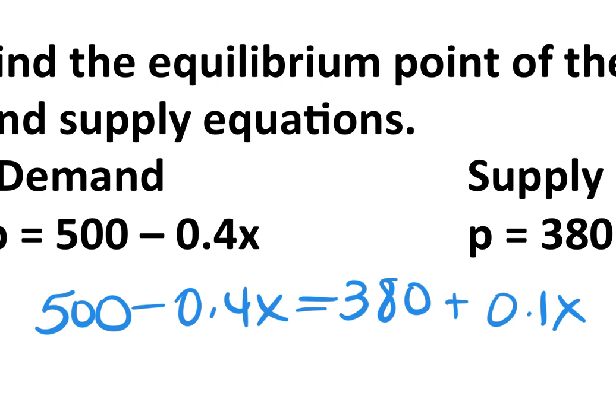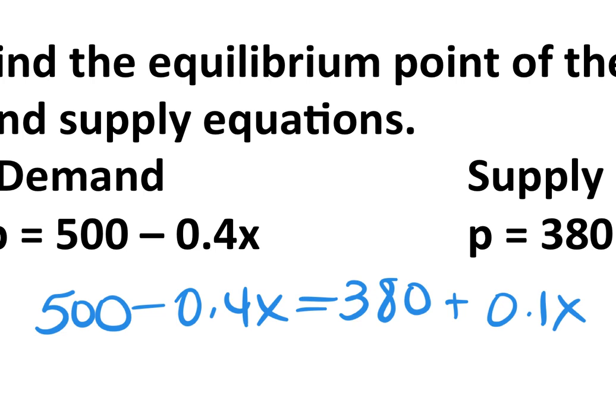So if one has 2 zeros and one has 1, you have to multiply by 100 and everything gets multiplied the same. You cannot multiply this one by 100 and this one by 10 and then set them equal to each other. That's 100p and 10p. Those are no longer the same. So that's the mistake people make. Make sure if you set it equal to each other, I would do that first and then change them.